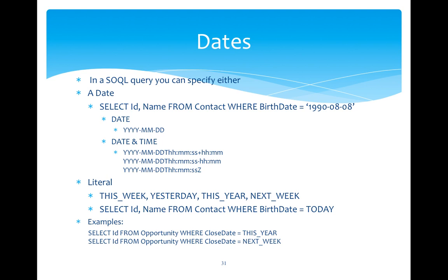And literals are kind of human readable strings, which you can see here, like this week, yesterday, this year, next week. So these are two kinds of things which we can use when we query based on date.